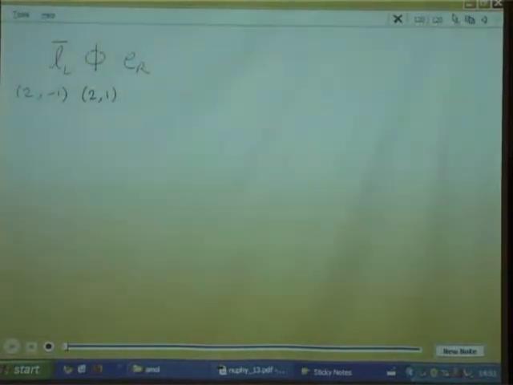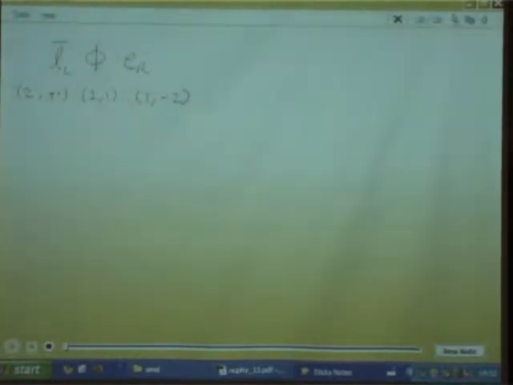L bar then has Y plus 1. Phi has Y plus 1, and E_R has Y equal to minus 2. Therefore we see that at least Y matches. And it is a doublet, so spin half, and a singlet, spin 0. Right? Doublet, singlet. So that is okay.